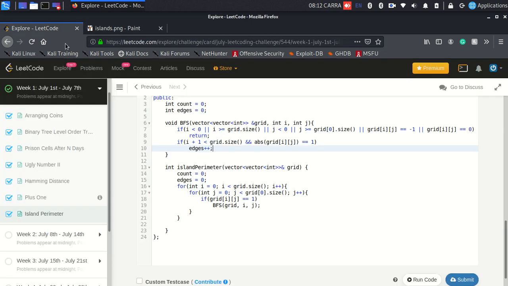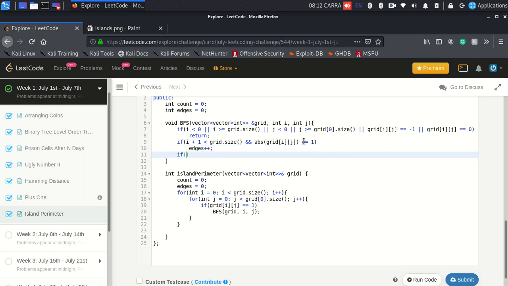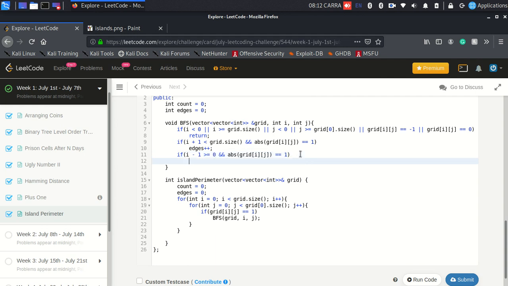So I'll just go ahead and see if I plus 1 is within limits, and if this is equal to 1, then I'll update my edges. I would just copy this so that I don't have to write it every time. Now this would be I minus 1. If I minus 1 is greater than or equal to 0, then it's valid, and then also do edges plus plus.